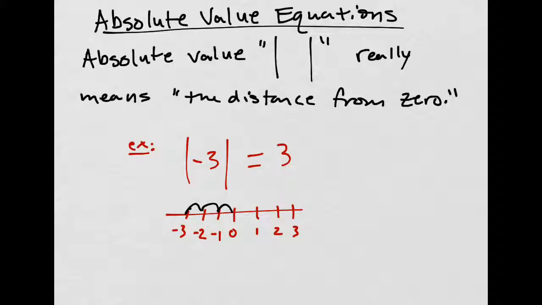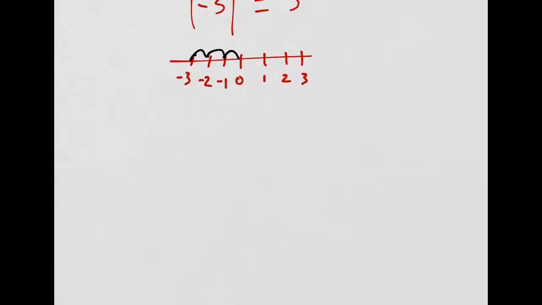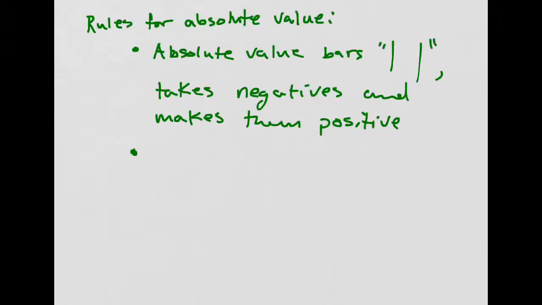All right. An easy way of thinking of it is like this. The first rule is absolute value bars. Those are the bars, and they're kind of like parentheses, but you don't treat them like parentheses. So it's different.